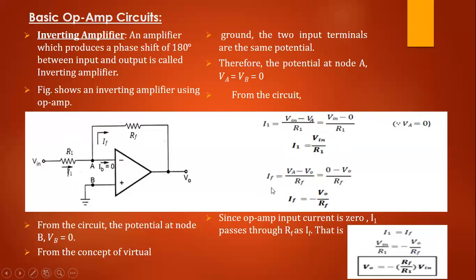And IF is equal to VA minus V naught divided by the resistor RF. So it is VA minus V naught by RF, and again VA is equal to 0, right? So 0 minus V naught by RF. Therefore IF is equal to minus V naught by RF. And we know that op-amp input current is 0.